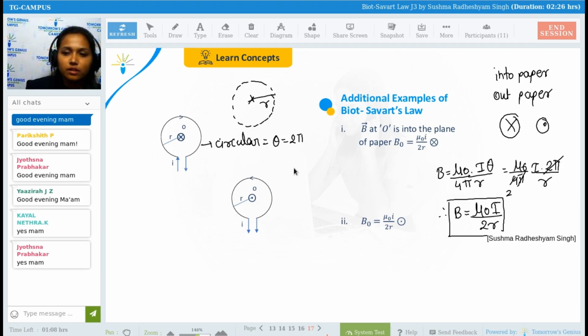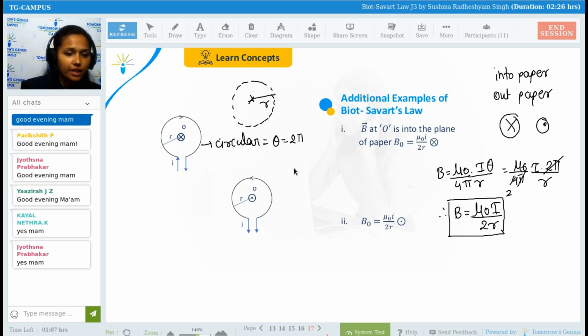Clear this first of all? This is your magnetic field due to a circular loop. Clear this? Yes, friends, clear this point?